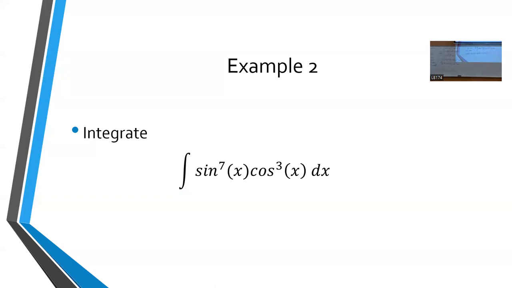That's a lot of sines and cosines. So we can see that if we have an odd power on our sine or we have an odd power on our cosine, then this is doable, right?